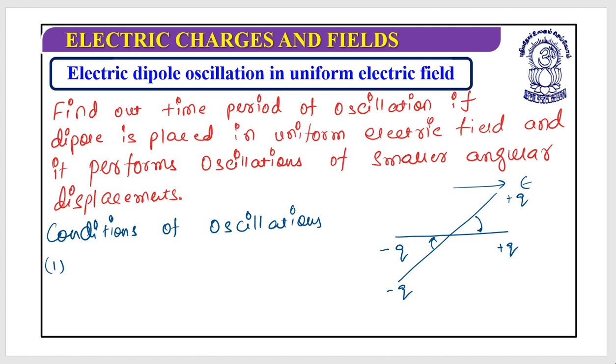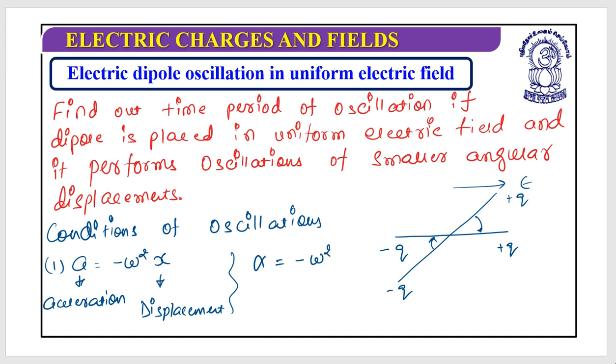At first, the condition is A equals minus omega square x, where A is the acceleration and x is the displacement. This is linear acceleration. And the second is angular acceleration, where you were writing alpha equals minus omega square theta. This is angular acceleration, and this is angular displacement.